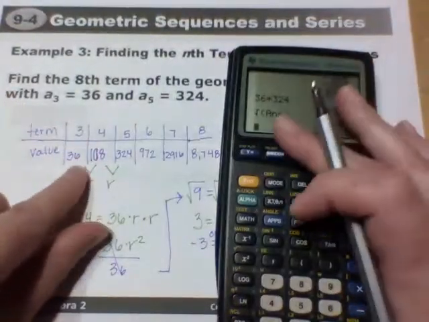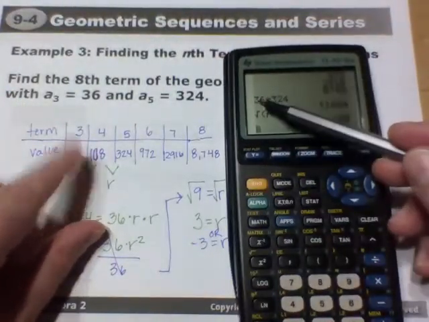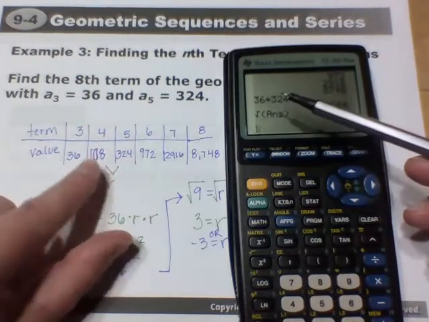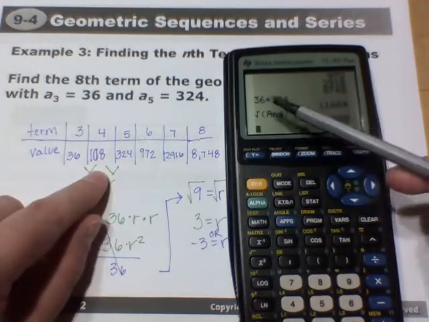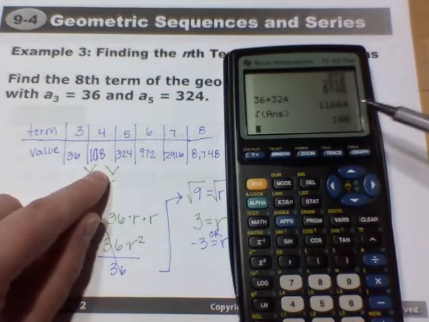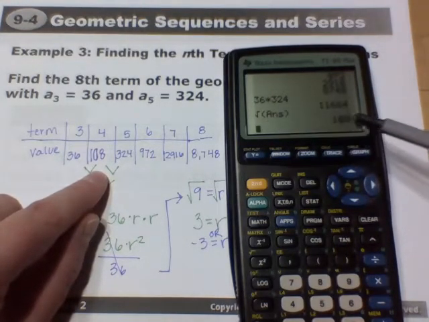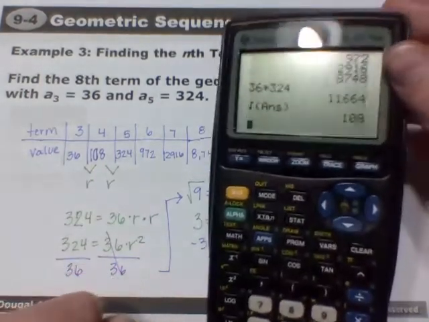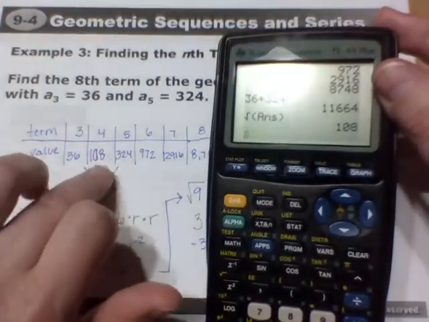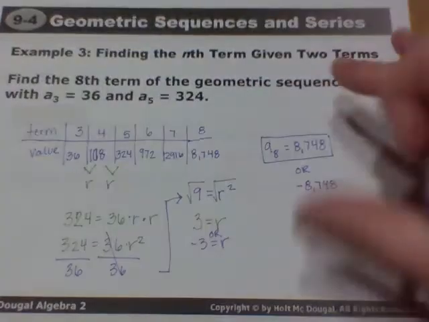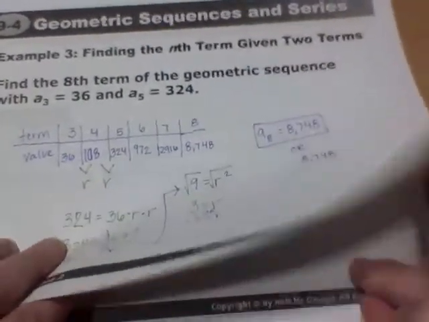So going back to this piece here, if you take the number 36 and multiply it by 324, again, there's one number between them, you could actually take the geometric mean of them, meaning multiply them, and then square root that answer, and you actually get back to 108. And so you can fill in that missing piece, again, as long as it is only one term that is between them.